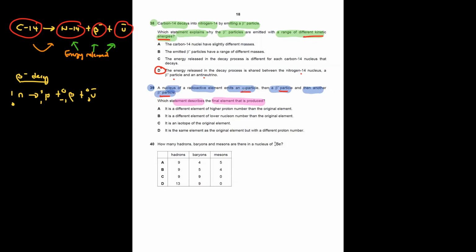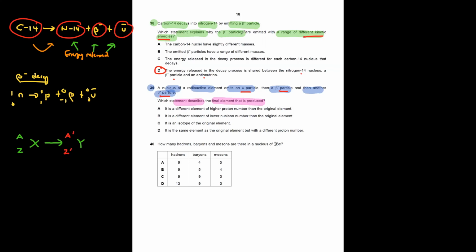To make your life simple, let's write an equation to represent the decay. Let's consider an element X with nucleon number A and proton number Z.